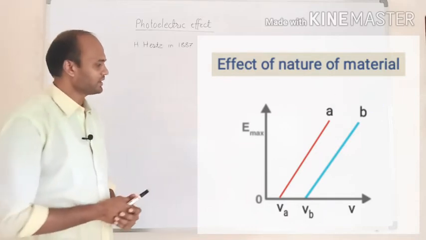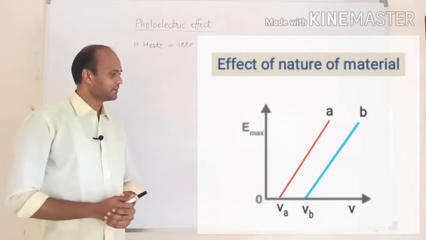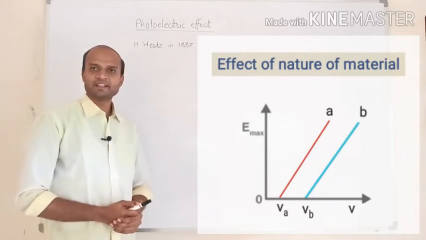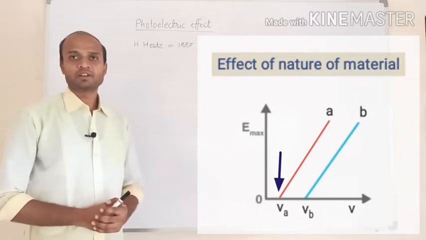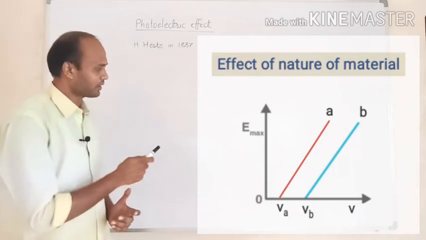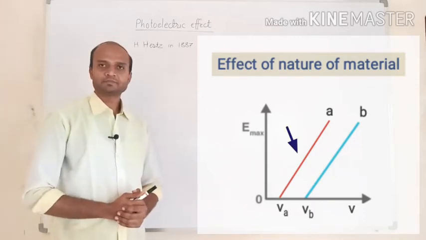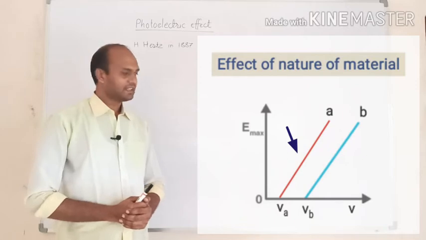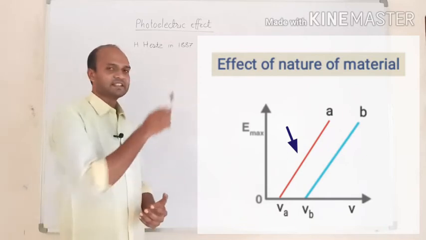From this curve it is observed that as frequency initially increases, maximum kinetic energy is 0 up to a certain frequency, and for further increase in frequency, maximum kinetic energy increases linearly.